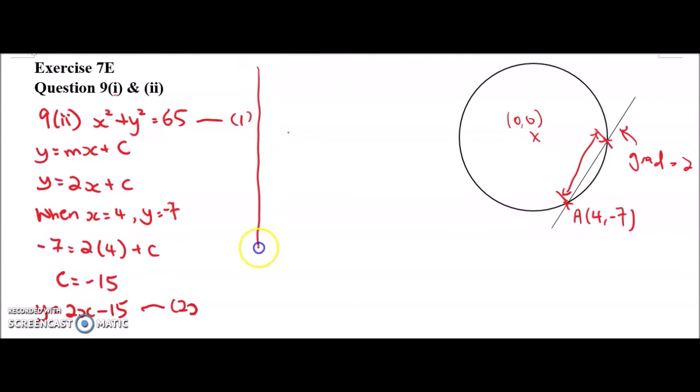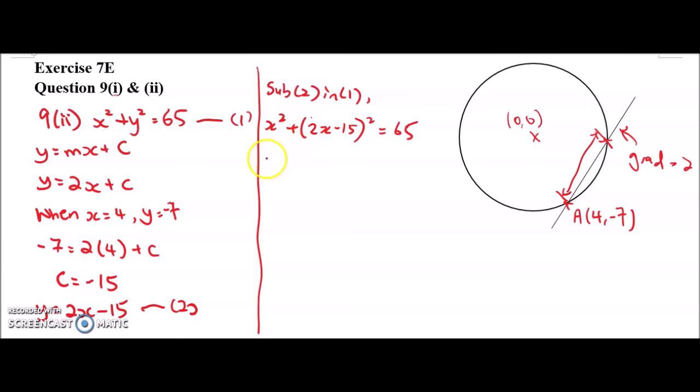We know that y is 2x minus 15, so we substitute equation 2 into equation 1. So x squared plus (2x minus 15) squared equals 65.